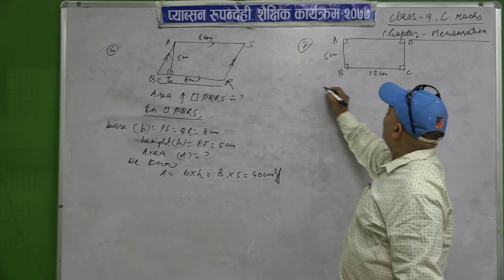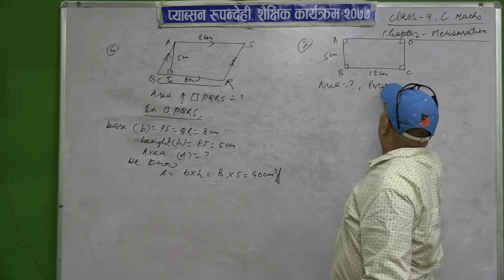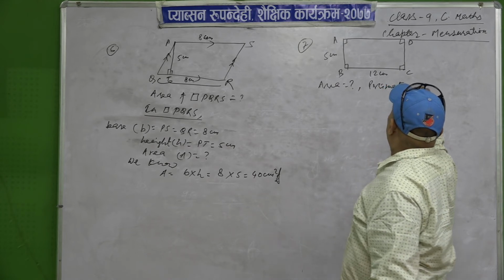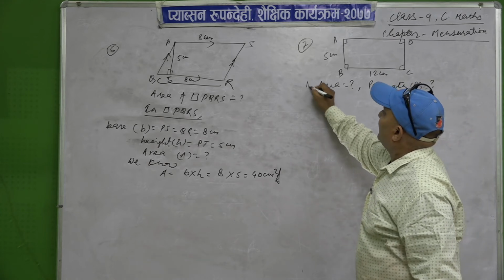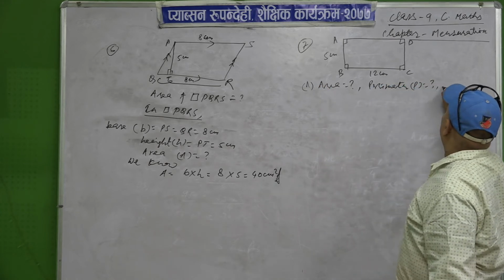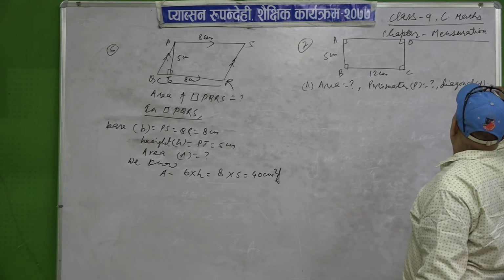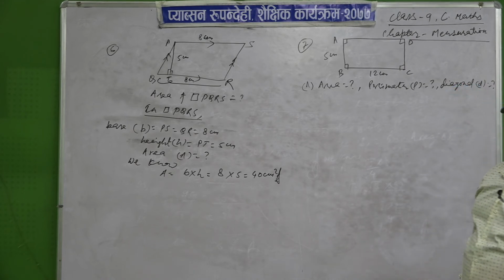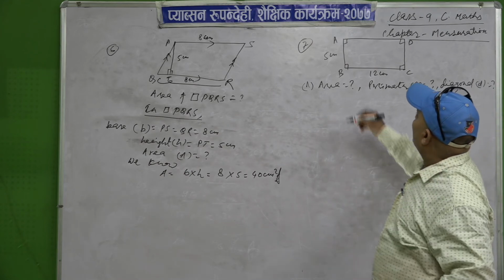Now we have to find out area A, perimeter P, and also diagonal D. From this rectangle we have to find out area, perimeter and diagonal.